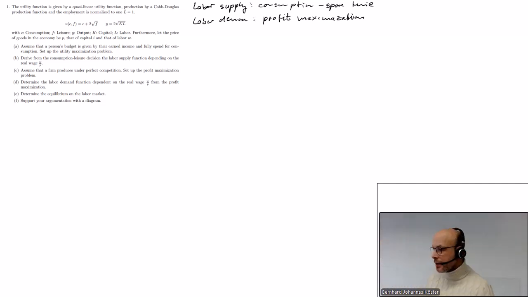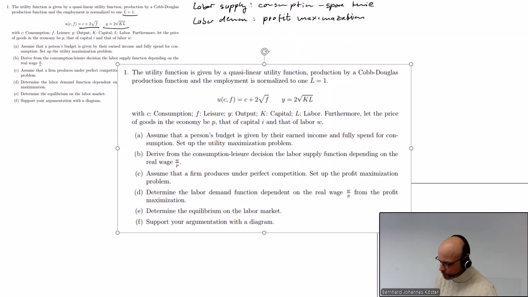And in this case, I explicitly gave you a utility function, I gave you explicitly a production function, and the time budget of the consumers. So let's copy this one.